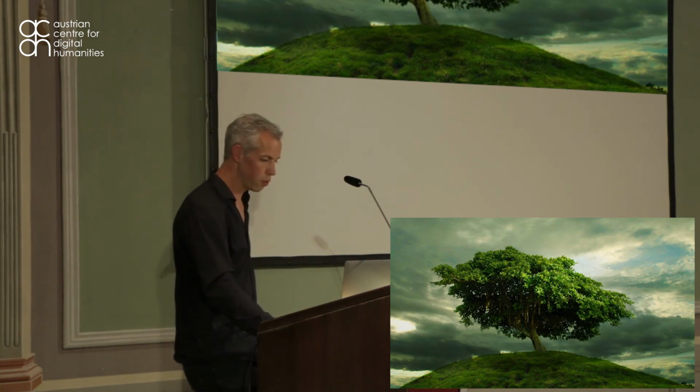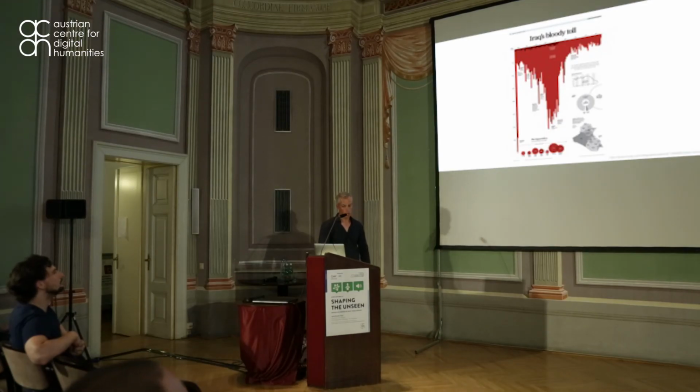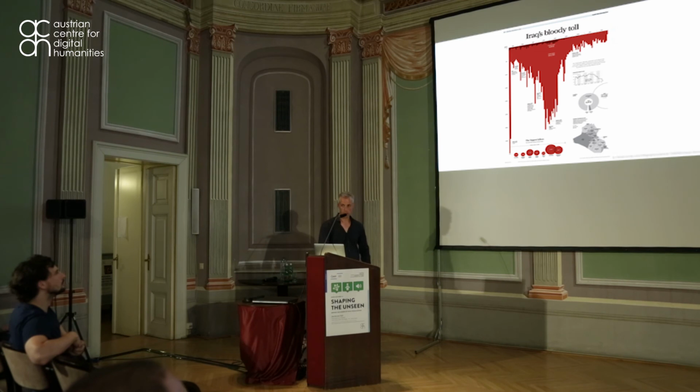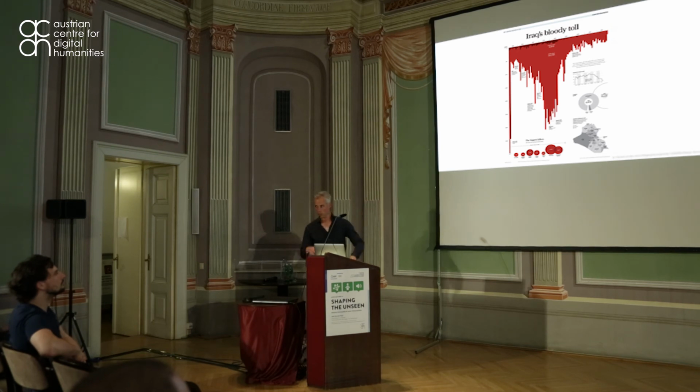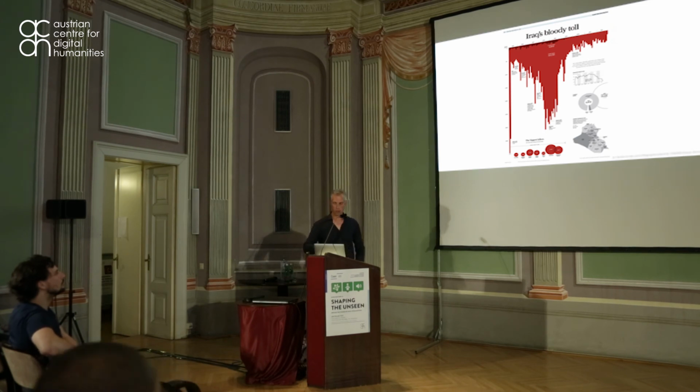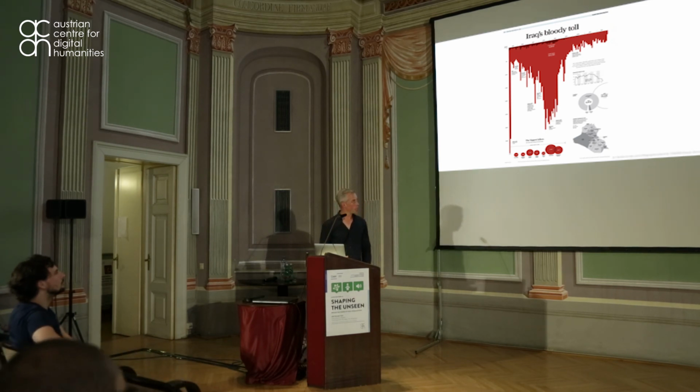I will give you a few more examples, not by me, but this one is by the South China Morning Post, and this is about the death of soldiers in Iraq. And what they cleverly did is the chart is red, so you immediately think about blood. And they also flipped the axis, so it's really blood dripping off the chart. And so this is a perfect way of using a metaphor and really making the message much stronger.